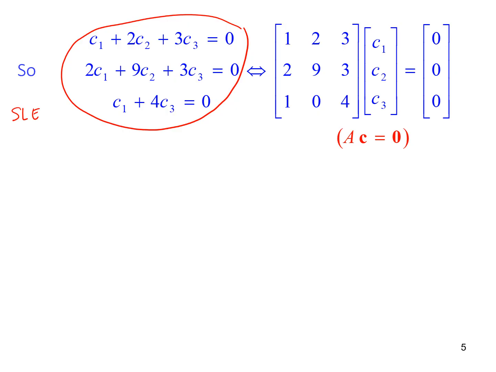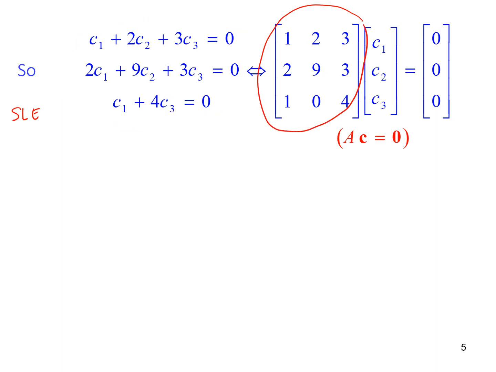This system of linear equations is homogeneous. Therefore, the system is consistent. But we need to verify that the trivial solution is the only possible solution for this system of linear equations. To do that, we compute the coefficient matrix. This is the coefficient matrix for the system, and we found that the determinant of the coefficient matrix is not equal to 0.